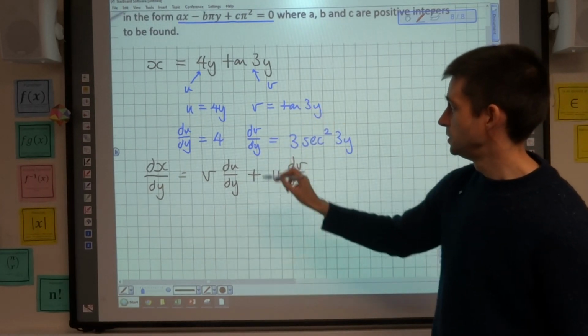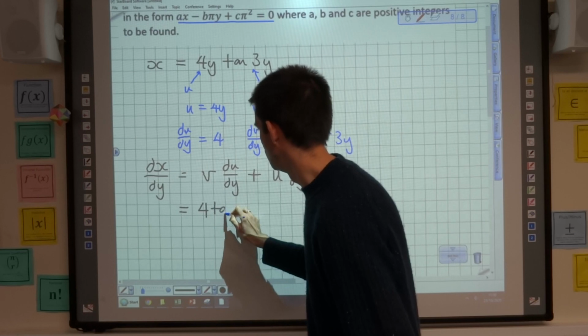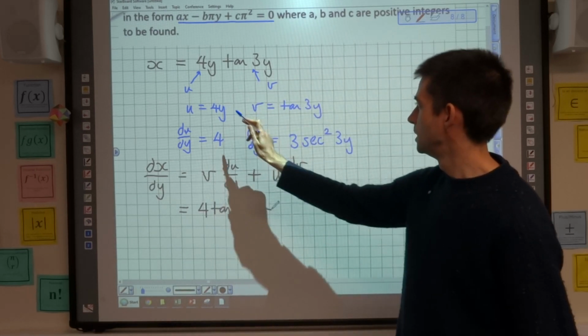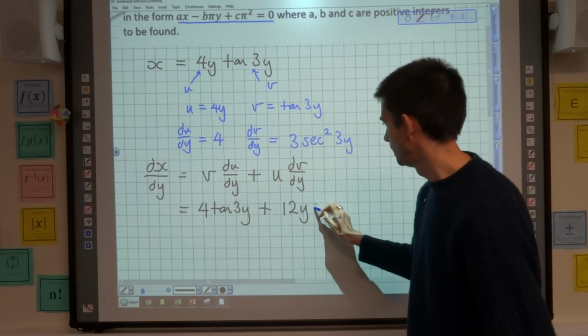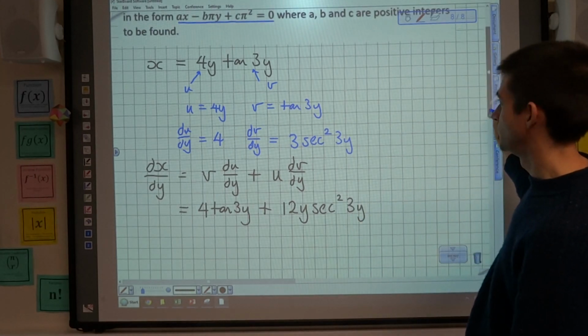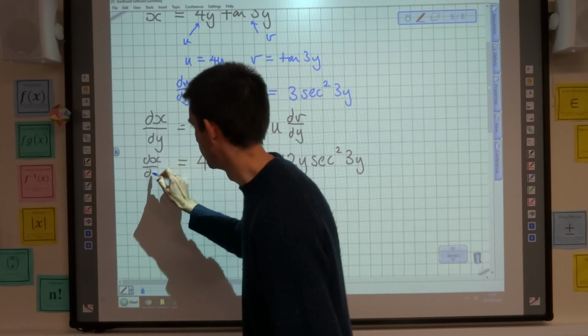So v du dy, that is going to be 4 tan 3y, plus u dv dy, that is going to be 4 times 3 is 12y sec squared 3y. I'll just write again so that we don't forget that this is an expression for dx dy.